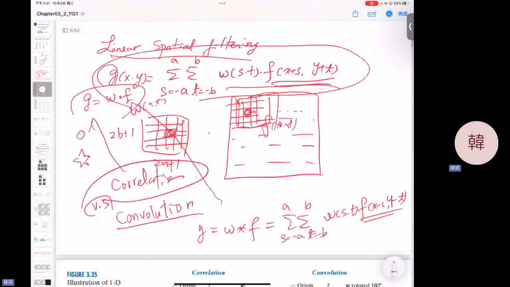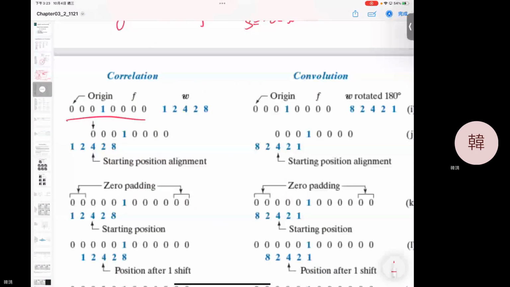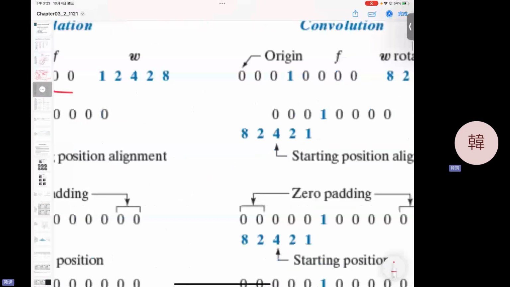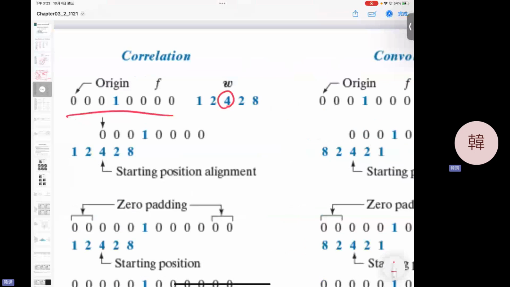So the center is here. You have to put this center at a negative position, far away from here, and then step by step go through until it hits the first pixel. When your center hits the first pixel, multiply the corresponding values and then sum them up together.